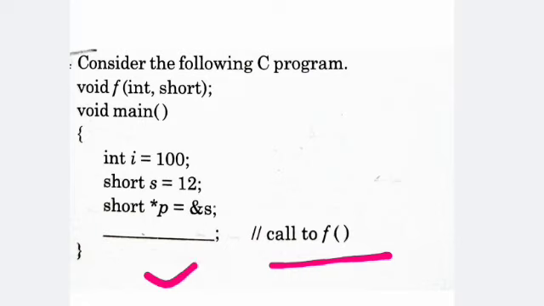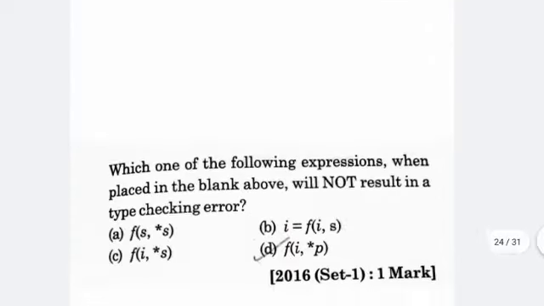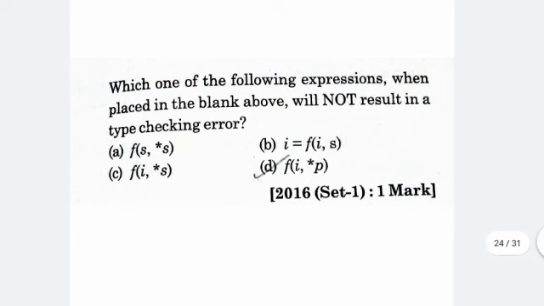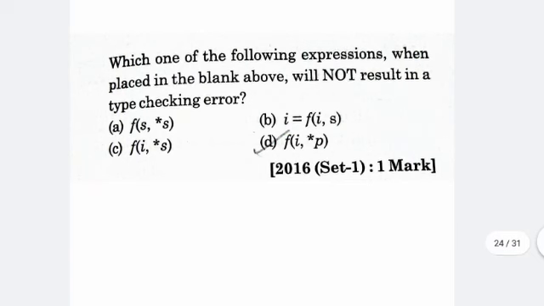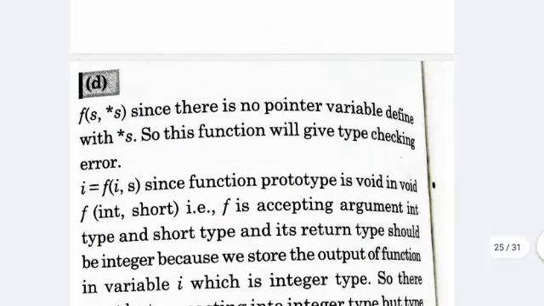The question asked is: which one of the following expressions, when placed in the blank above, will not result in a type checking error? There are 4 options, A, B, C and D. The correct answer is option D, but how? We come to the solution of this question.